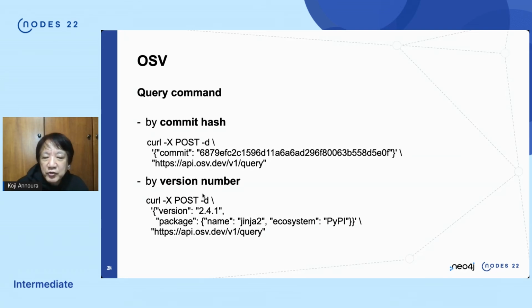And by version number, call, for example, version 2.4.1, package name, something, ecosystem, something. Okay, just 4 lines. And you can receive the problem, or the code of the issue.